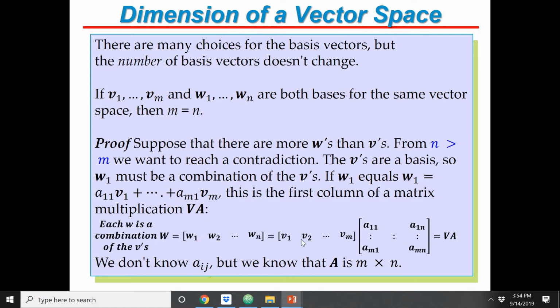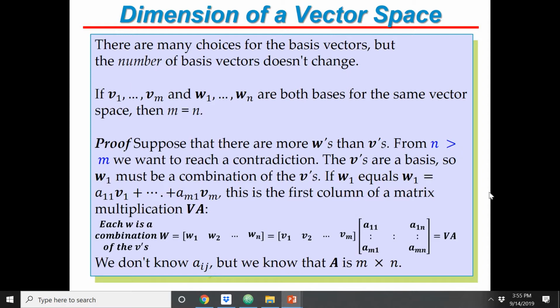You can see w1 is v1, v2 to vm times the first column, w2 is the v's times the second column, etc. I call this the v matrix, I call this the A matrix, and the vectors with the w's as columns is my W matrix. Notice that the A matrix has more columns than rows because I assume that n is greater than m.